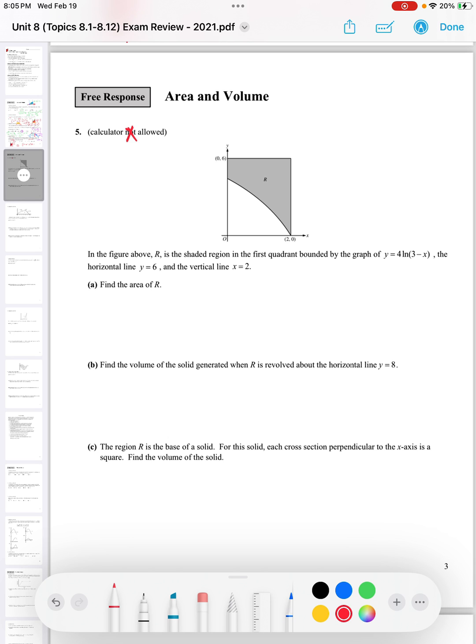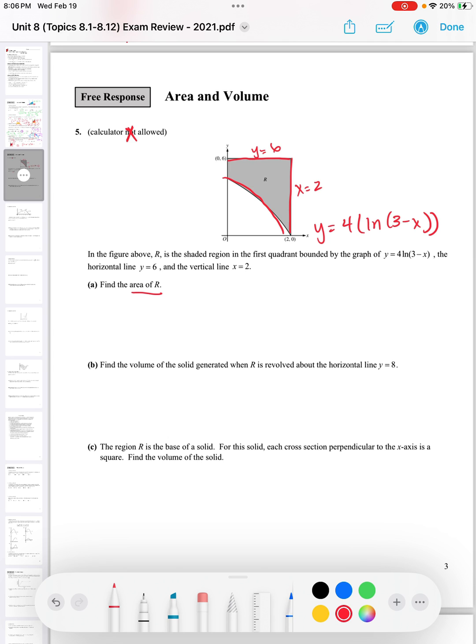So we have the region R, which is the shaded region in the first quadrant, bounded by the graph of y equals 4 natural log of 3 minus x, the horizontal line y equals 6, and the vertical line x equals 2. I just like to write everything on there so that we have it.